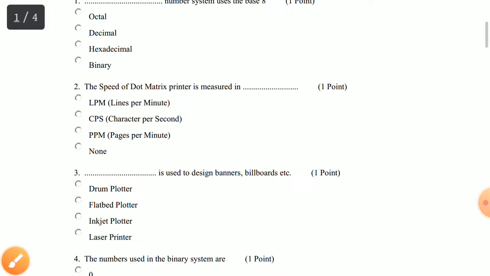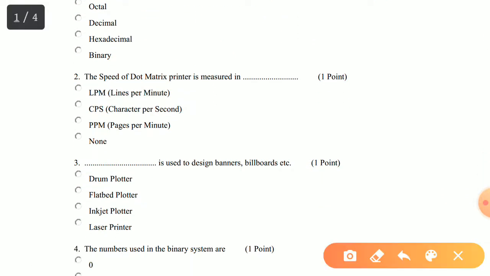For the second one, the speed of a dot matrix printer is measured in dash. The answer is characters per second, CPS. For the third one, dash is used to design banners, billboards, etc. Your answer is C part, inkjet printer.